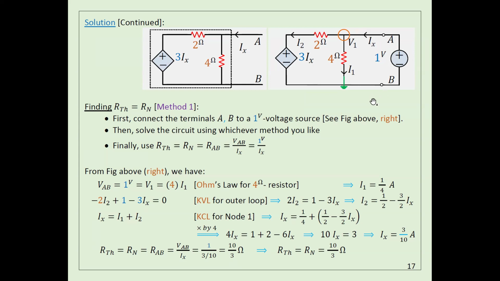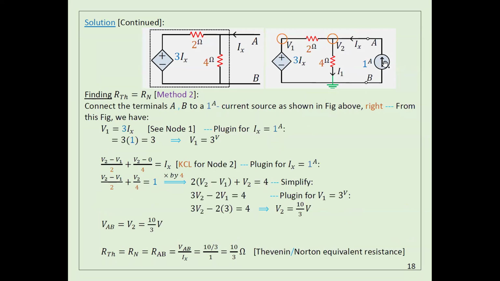Then I'm going to say the resistance I see from here is 1 volt divided by the current Ix, the current drawn from this voltage source. This is one way to do it.